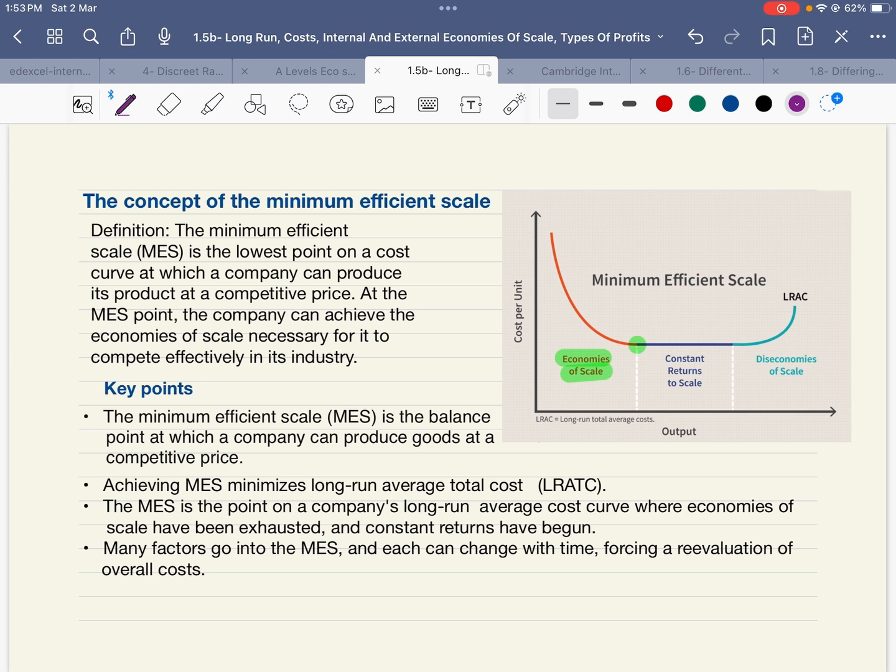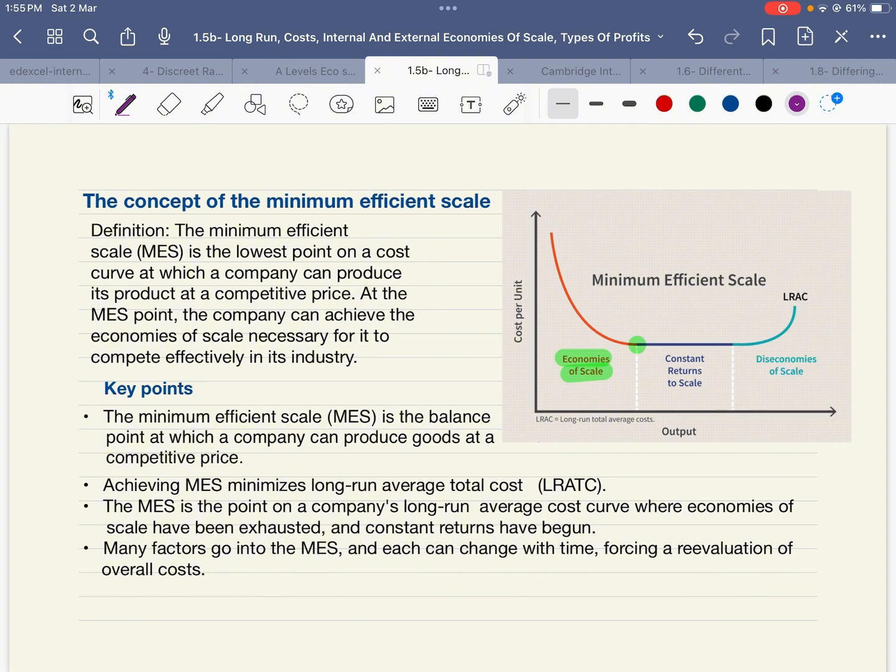It's the point on the company's LRAC curve where economies of scale have been exhausted and constant returns to scale begin. Constant returns to scale means that the company's inputs, like capital and labor, increase at the same rate as their outputs.